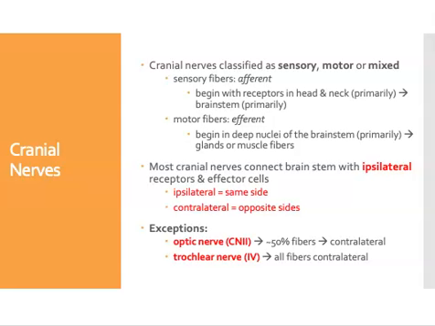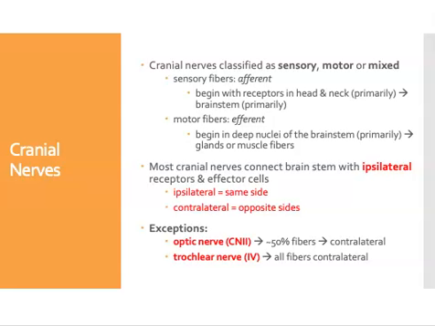The cranial nerves, like the spinal nerves, can be classified according to sensory, motor, or mixed anatomical structure. Remember, we said that the dorsal root of the spinal nerves is carrying sensory information, and the ventral root is carrying motor information.